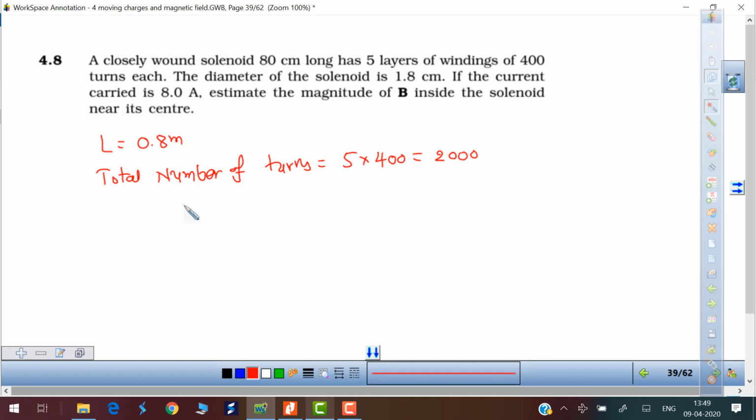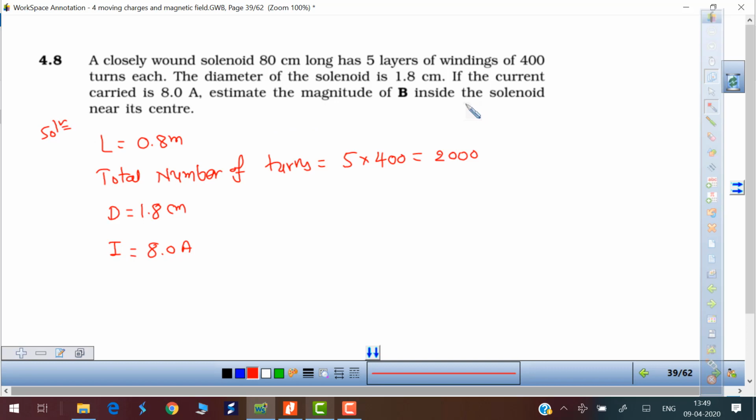The diameter is 1.8 centimeter, and the current is I equal to 8.0 ampere. So this is our given data.